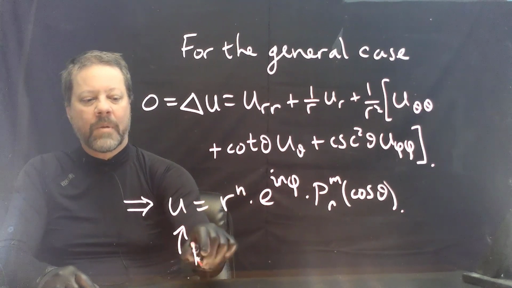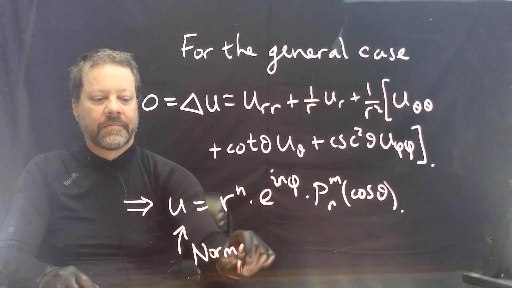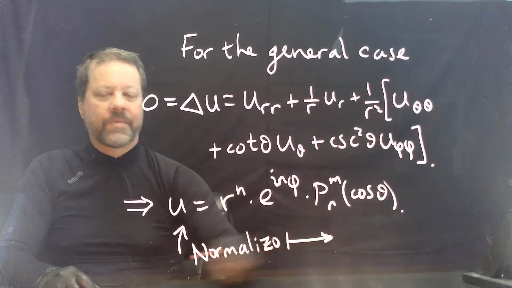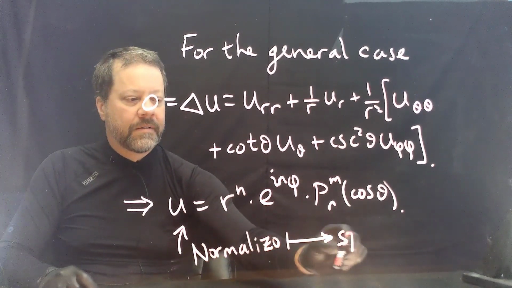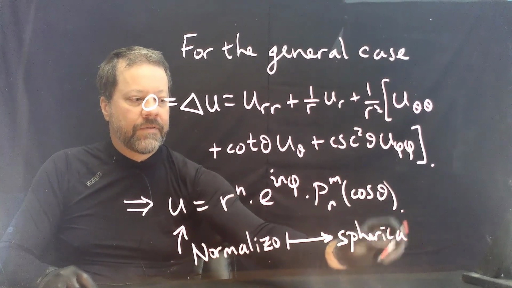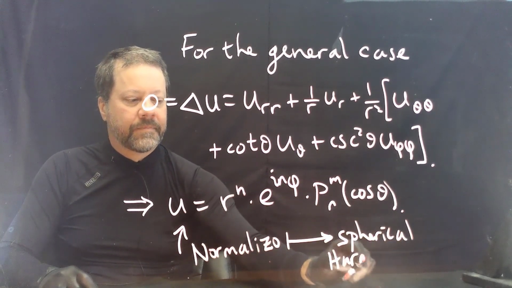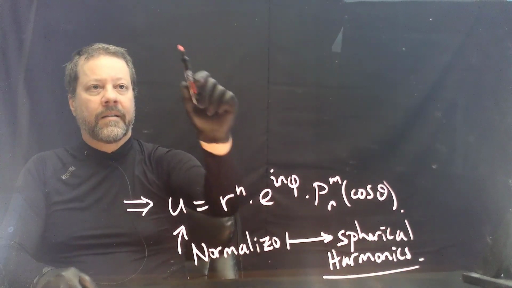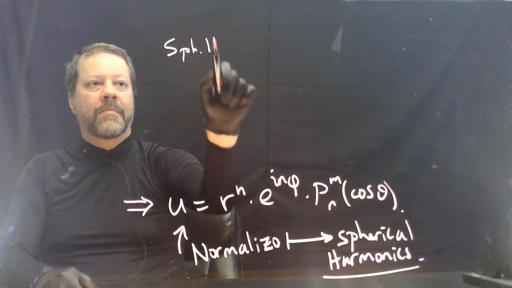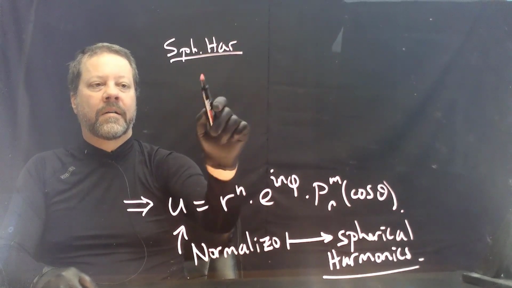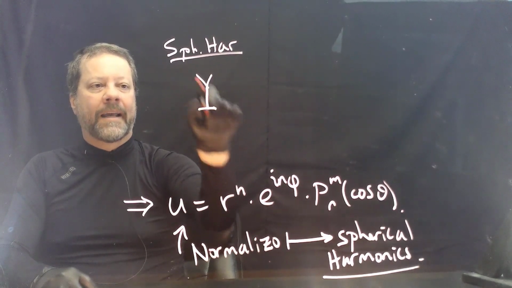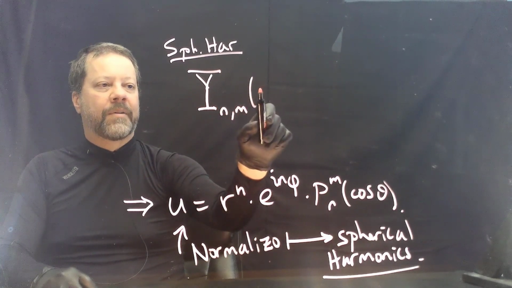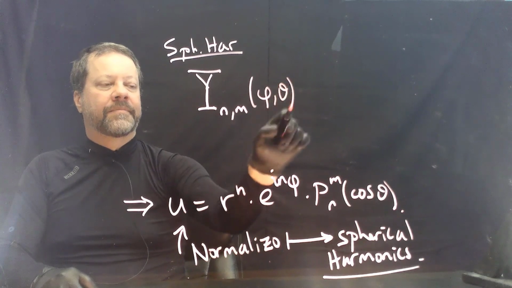However, we normalize these, and the normalization process will yield the so-called spherical harmonics. The spherical harmonics are going to be a capital Y n m. It's going to depend upon both phi and theta.